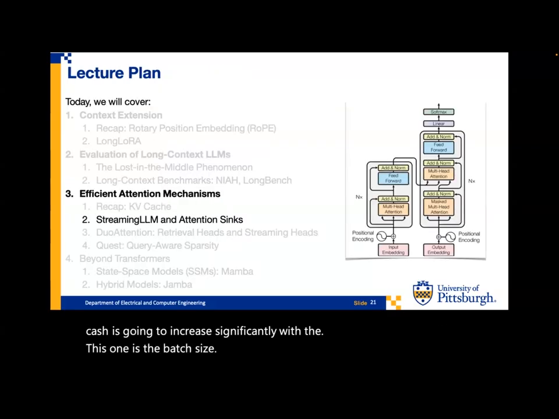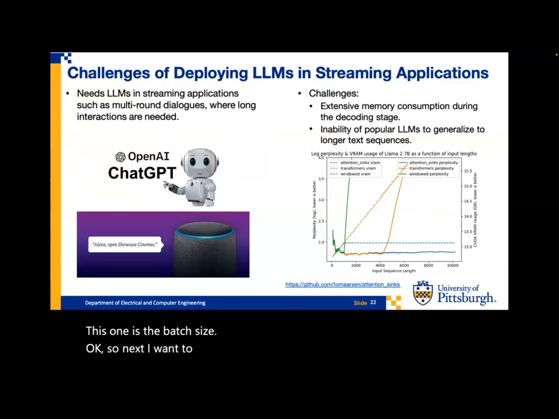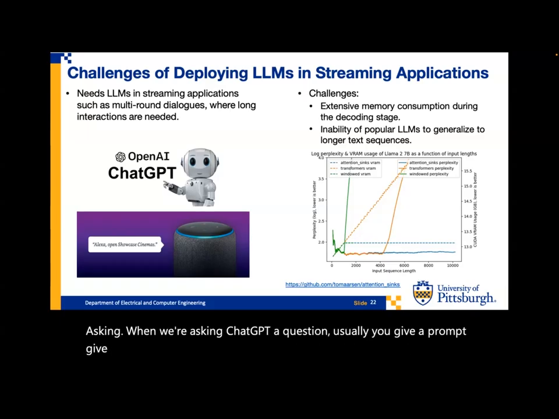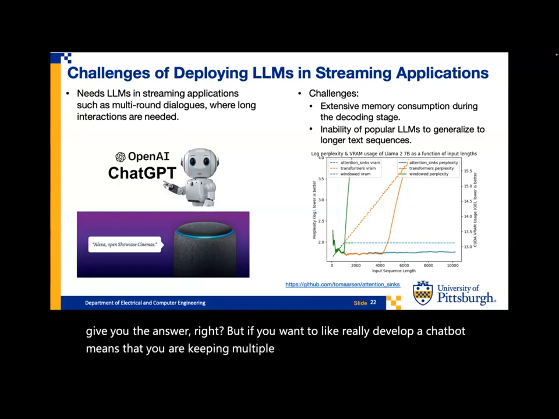Okay, so next I want to talk about an interesting case of long context, which is the chat. So far when we're asking ChatGPT a question, usually you give a prompt, and it gives you the answer, right? But if you want to really develop a chatbot, it means that you keep multiple rounds of conversation, and these rounds of conversation can go infinitely long, right?